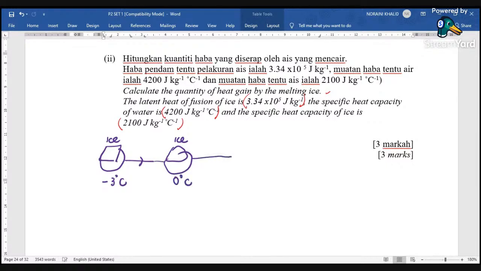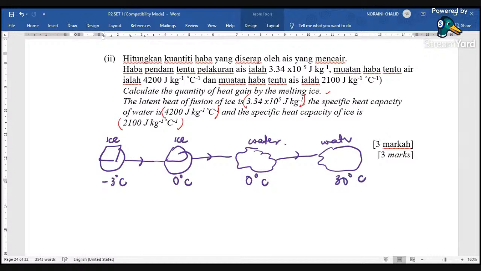And then it melts and becomes water at 0 degrees Celsius. And then the temperature rises to 30 degrees Celsius. So there are Q1, Q2, Q3.